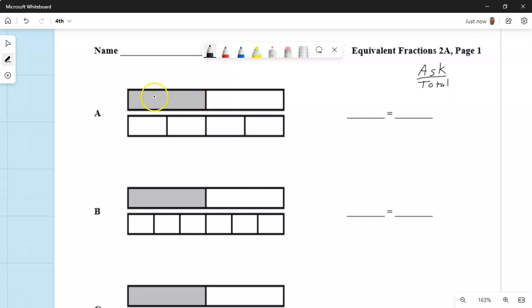On this one, they're going to show us this shaded part, and that top fraction right there, I see one part is shaded, so that's going to be my numerator, and there are two total parts. So that's going to represent 1/2. Okay, I'm going to shade in the other one to be equal to that.